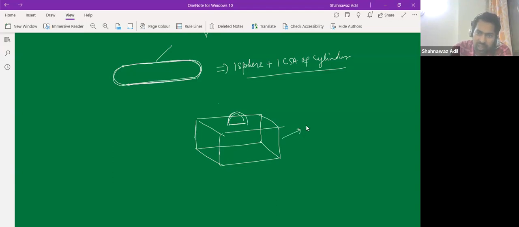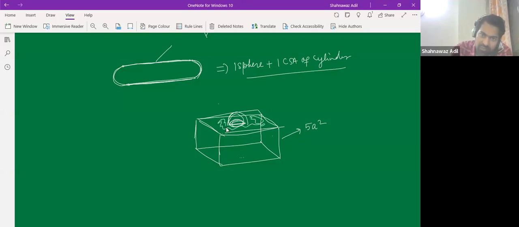So it will have five surfaces, these four walls and this bottom. But this surface area is occupied by this area. What would be the surface area of this region?